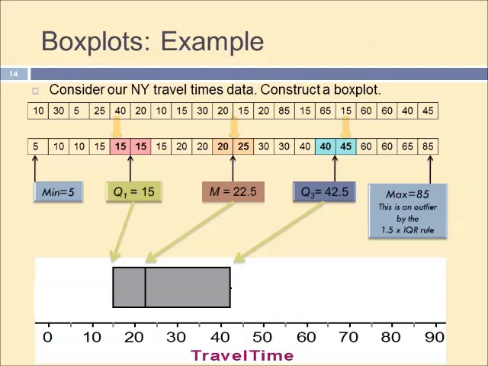So we first draw a box around the first quartile and the third quartile and then locate the median inside the box. And then we tack on the minimum value using a line and the new maximum value excluding the outlier, and then we indicate the outlier.